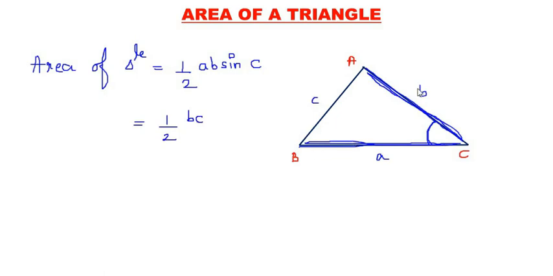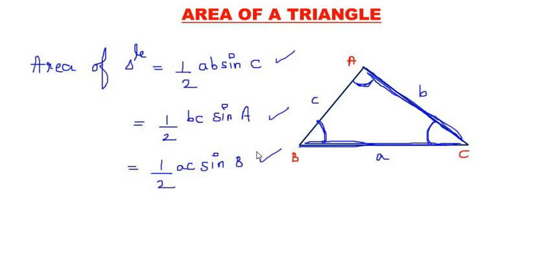Now since we took the sides B and C, the angle between the sides B and C is angle A. So we can write it as sine A. Or it can also be written as half AC sine of, since we considered the side A and side C, the angle in between these two sides is B. So sine B. So area of triangle has different forms. The format is same, but the letters can be changed. This is very important for you to understand.